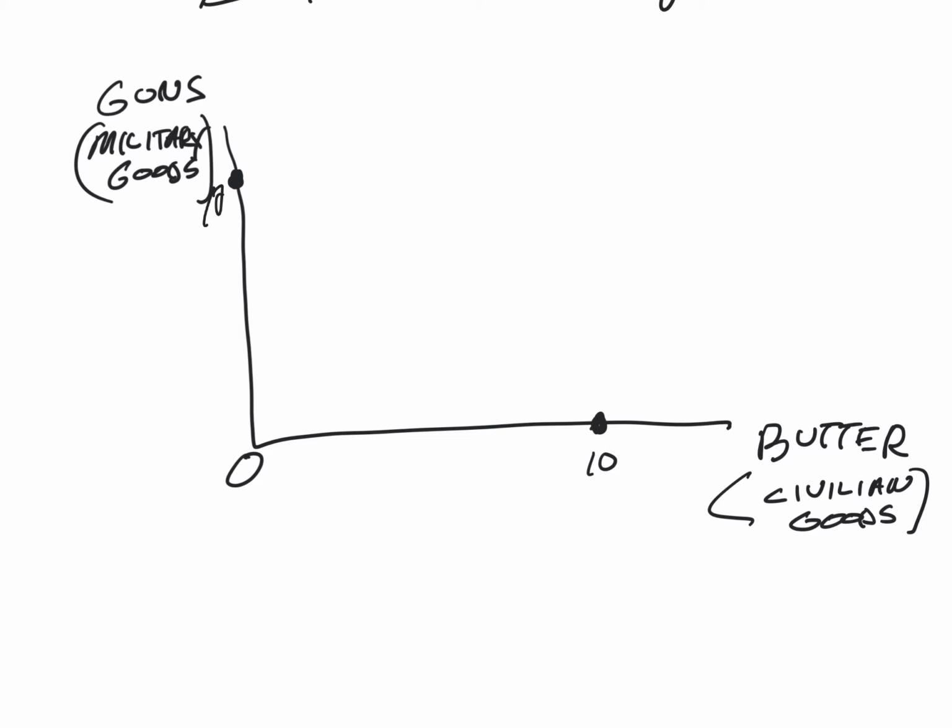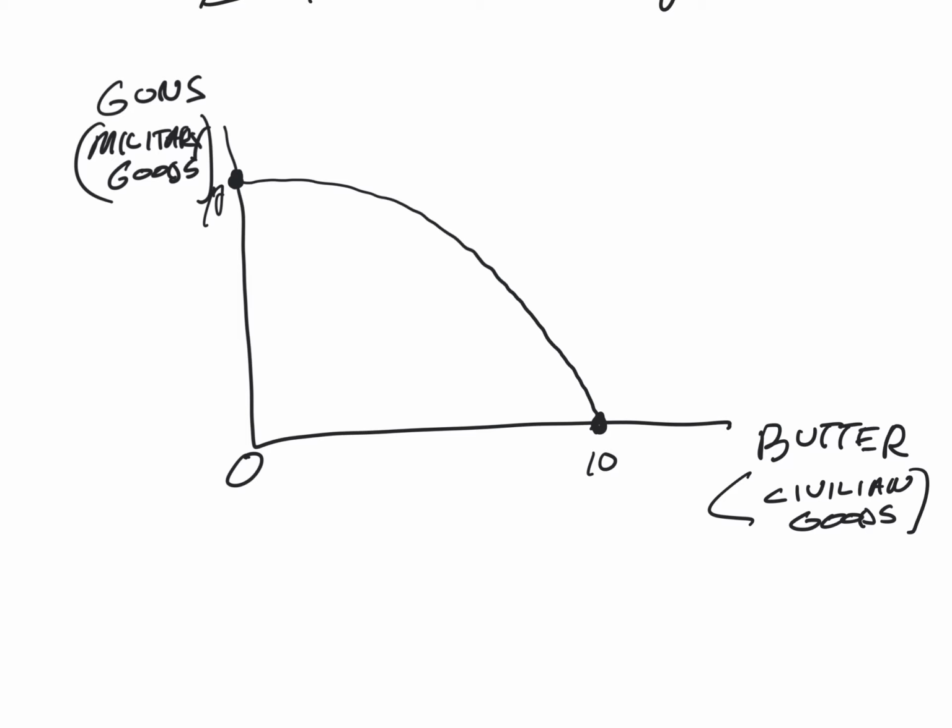And if we map out those combinations, we've got what we call the production possibilities curve or production possibilities frontier. Anything on the curve is efficient use of resources. Anything inside the curve is inefficient. Outside the curve is unattainable.